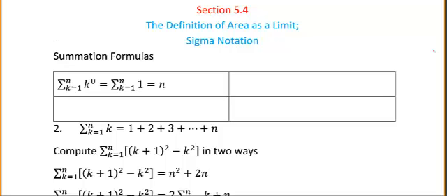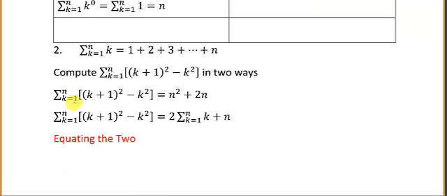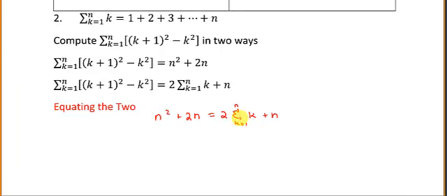Now remember that we had 2 ways of computing this summation as k goes from 1 to n of k plus 1 squared minus k squared. One method gave us the result n squared plus 2n. The other one gave us the result 2 times the sum as k goes from 1 to n of k plus n. And so what I can do is solve it for this summation.